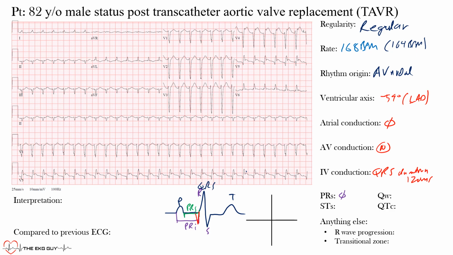Well, it looks like we may be having some that occur. So look at V4. There's these small R waves that are here, so not really a true Q wave, but V5, you start to see them, okay, more formed. Maybe some R waves occurring here. And then if you look over in lead aVF, lead 2, or lead 3, you can start to see that there are some small R waves, and these are S waves.